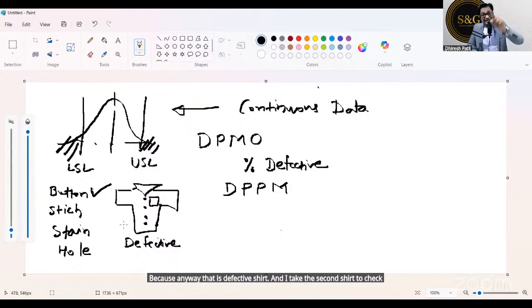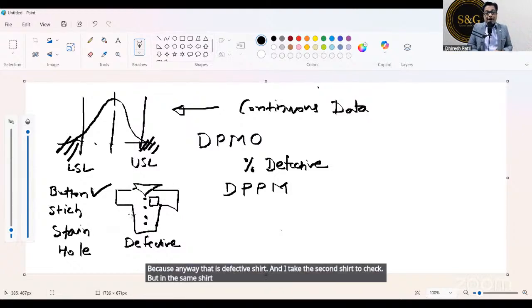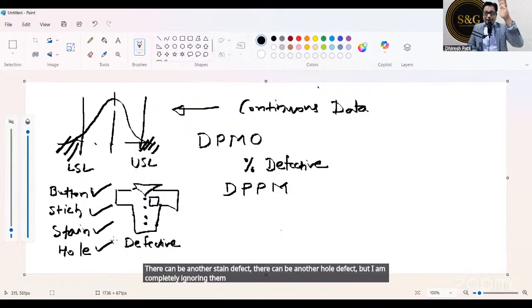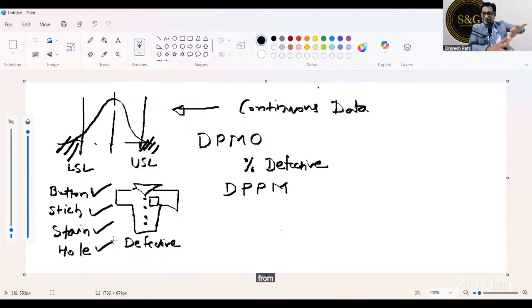But in the same shirt there can be another stitch defect, another stain defect, another hole defect, but I'm completely ignoring them. The moment I find one defect, I'm declaring it defective, and I'm missing out on a hell of a lot of other data from the same shirt.